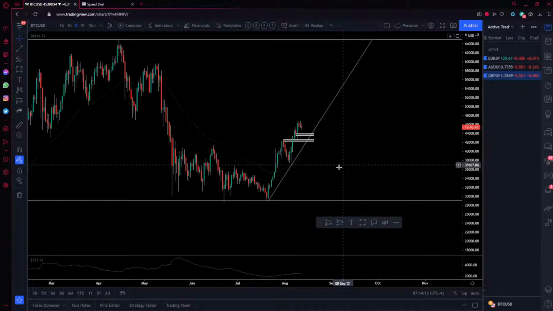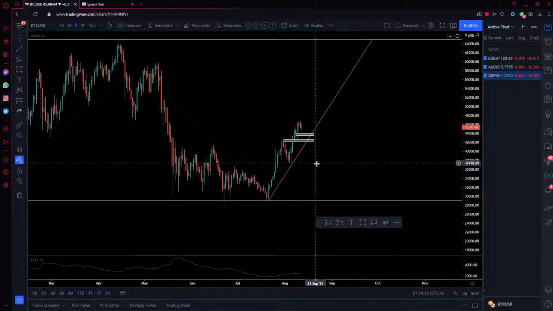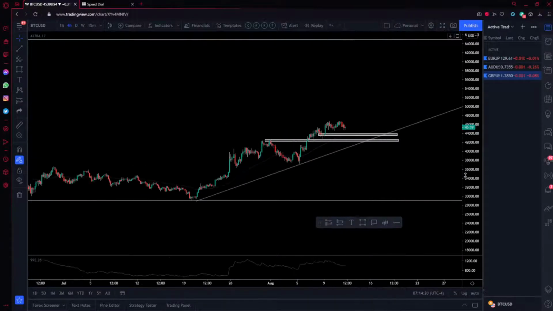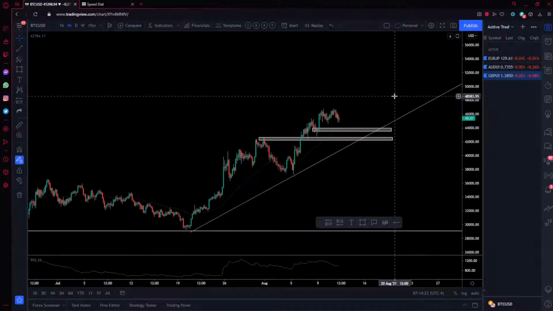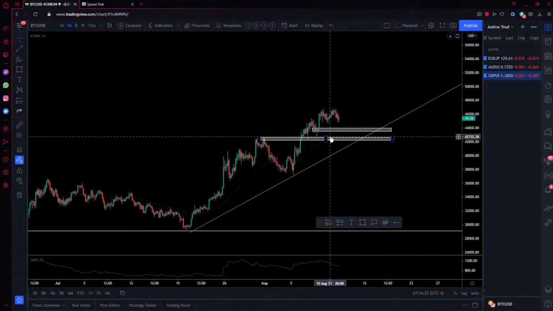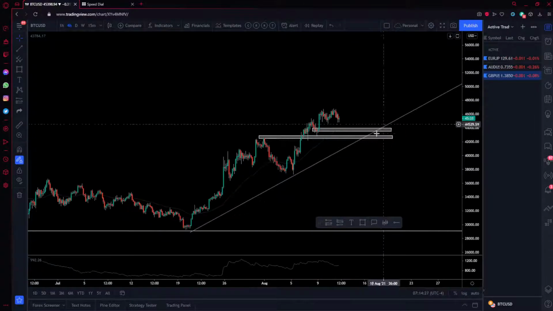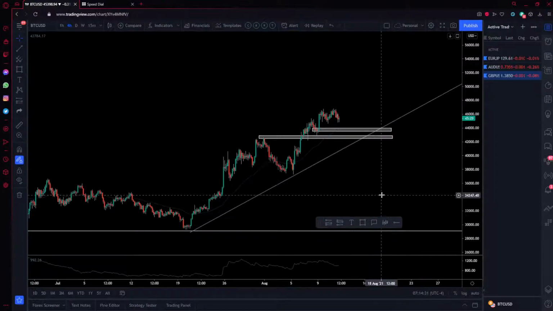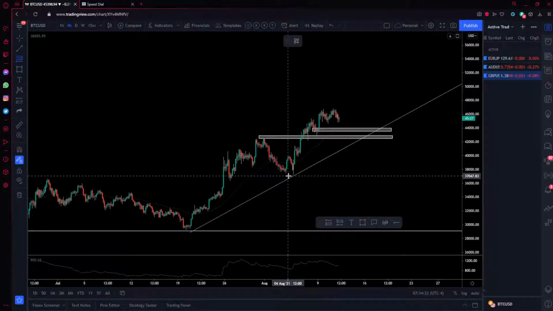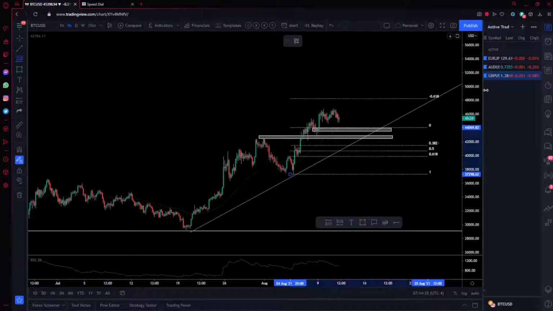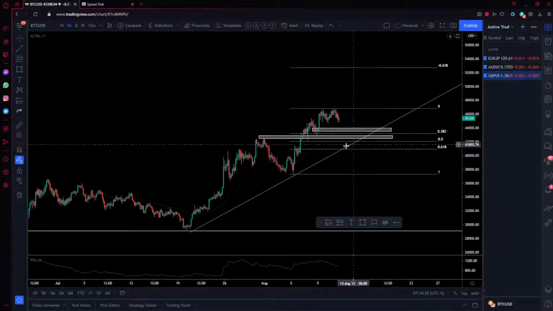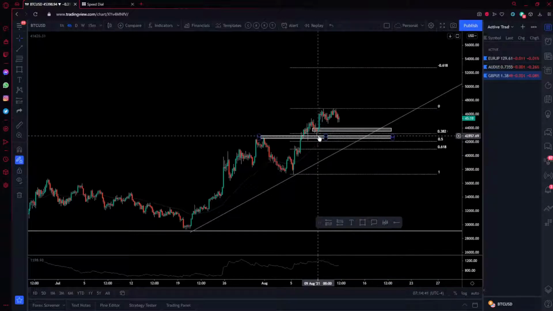I'm looking for a daily correction. Those are the two levels that I'm looking for price to potentially reject at. On the 4-hour time frame, are these zones based off the 4-hour time frame? This zone should be higher right there, or did I adjust it off the 61.8 or the 50? Because it looks like the first zone is 38.2, the second zone is about the 50. I don't believe I was able to draw fibs in this situation just yet, because price didn't make it all the way there.